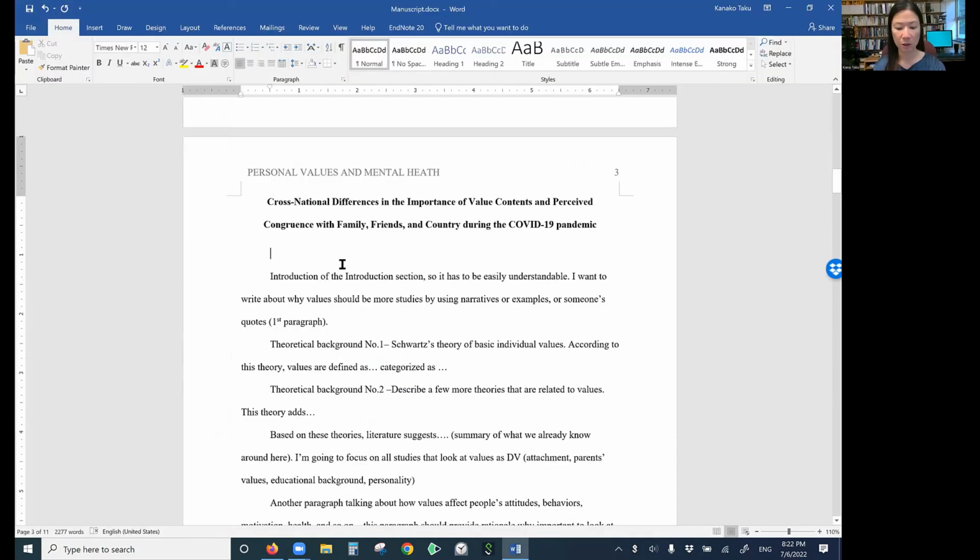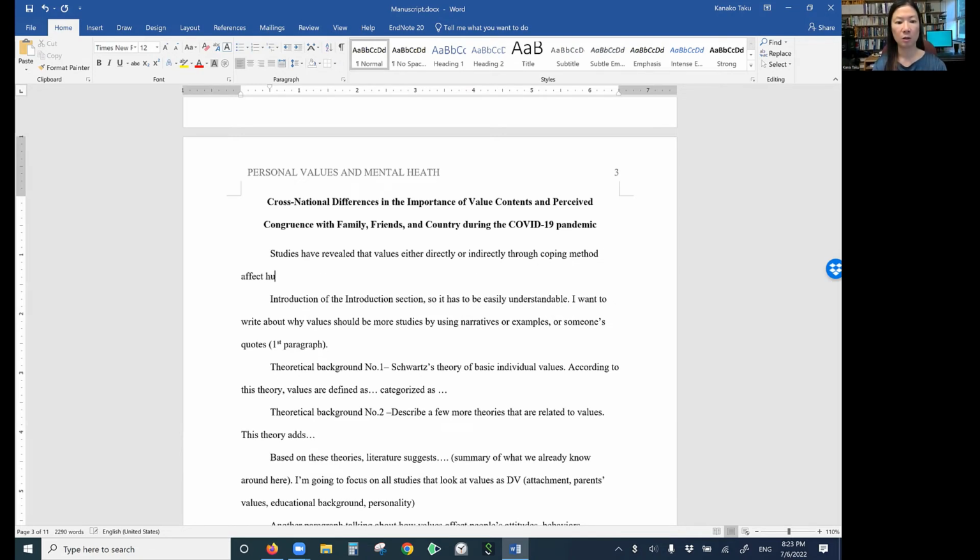It seems like studies already revealed that values, either directly or indirectly through, for example, coping methods, affect human behaviors during the pandemic.